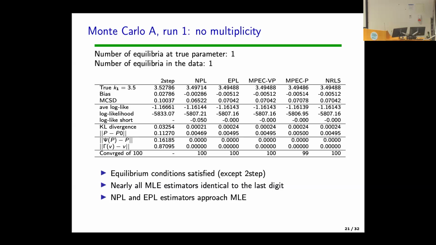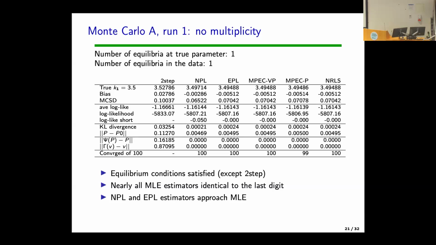This estimates the point estimate for one parameter, right? Yeah, just one parameter. What's the KL divergence? As far as I know, KL divergence is to compare two distributions. Yeah, and the two distributions here are governed by the conditional choice probabilities of the data generating process at the true parameters, and the conditional choice probabilities implied by the model at the selected equilibrium at the estimated parameters.